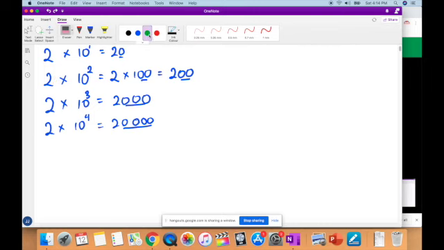So what we actually have is 2.0 times 10 squared. That means that the decimal place has to move 2 spaces, 2.0, to give me the 200.